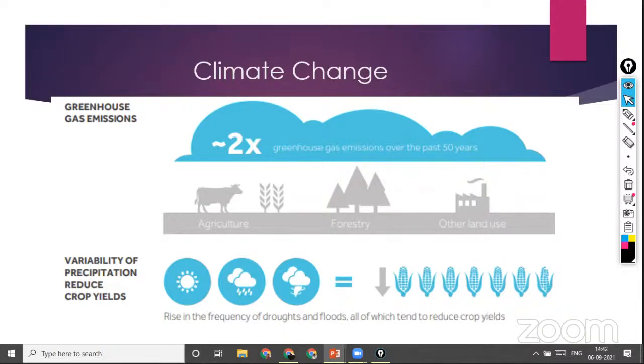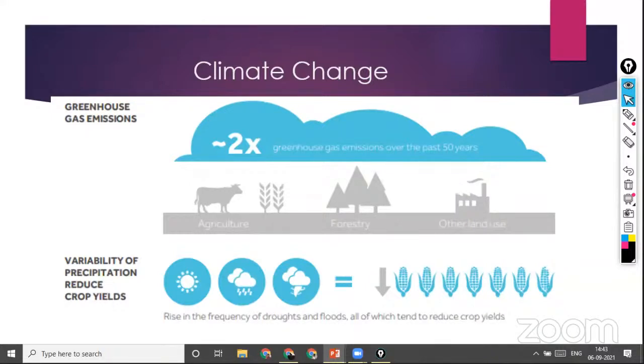The greenhouse gases trap heat and cause climate change. We also witnessed the floods here in Kerala. That means the frequency of floods and droughts is increasing, and all these trends are leading to reduced crop yields, which is a big concern.